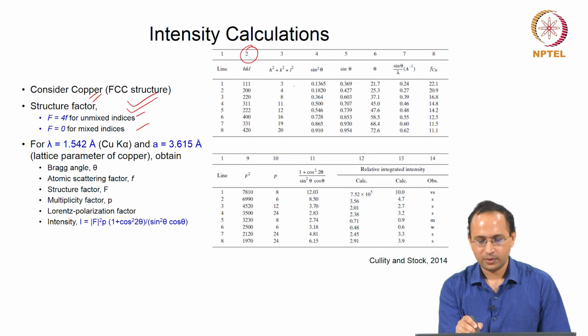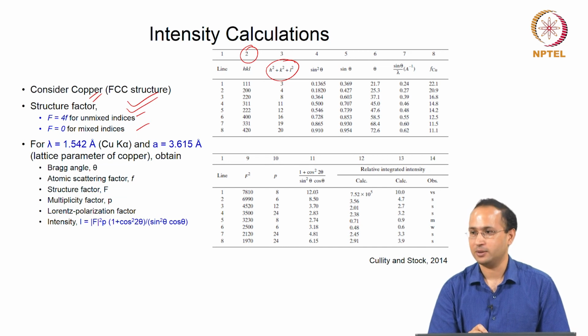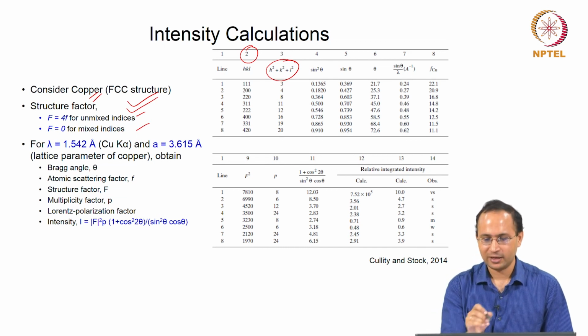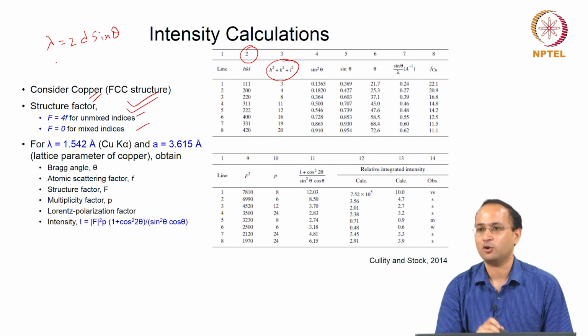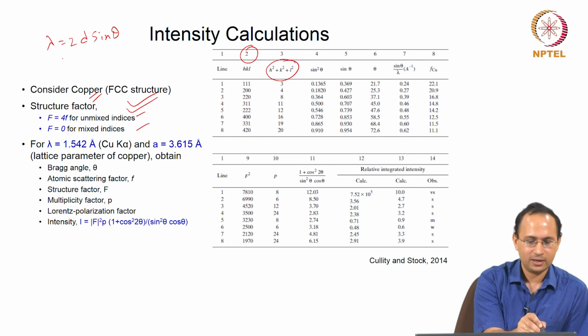So, now once you know HKL you can calculate this term h square plus k square plus l square. Why are we looking at h square plus k square plus l square? You have to always remember we are talking about two relations: one is Bragg's condition, and the other is the interplanar spacing for cubic crystals.